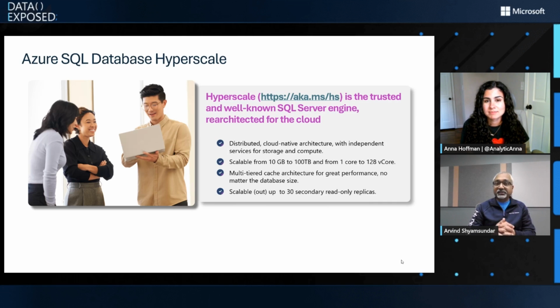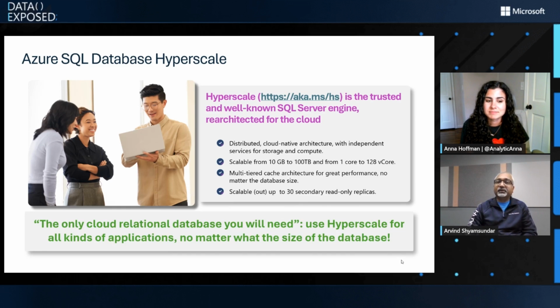It has some of the best performance that we can offer in Azure for relational workloads. And it also allows you to have some very unique capabilities like read scale out to offload read-only workloads. So much so that we believe that Azure SQL Hyperscale should be the only database that you consider for your cloud-native database development.